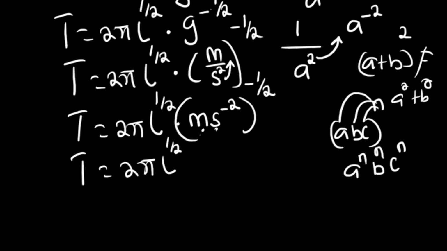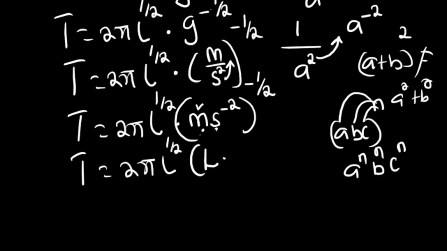All right. So at this point right now, we can just go ahead and substitute their dimensions. Here we have meters per second squared. The dimension for meters is capital letter L, which is length.